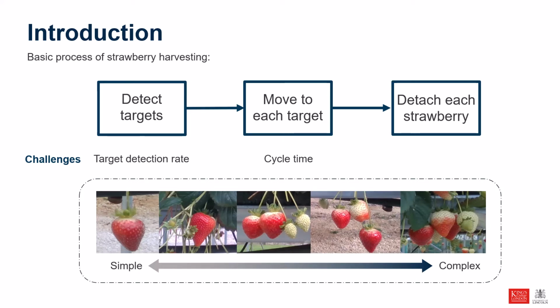All of them have their advantages and disadvantages, of course. For example, the traveling salesman paradigm usually reduces more time than heuristic methods, but the computation could be slow, especially when there are lots of strawberries as targets.